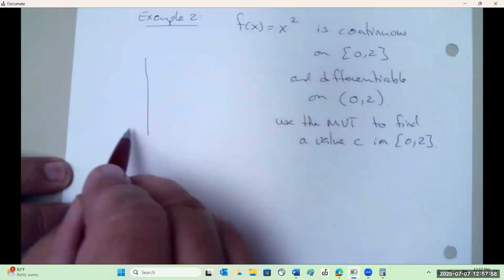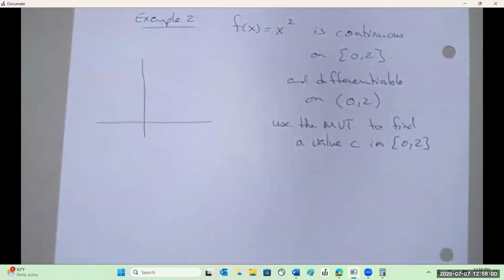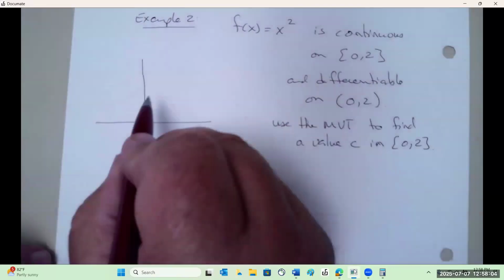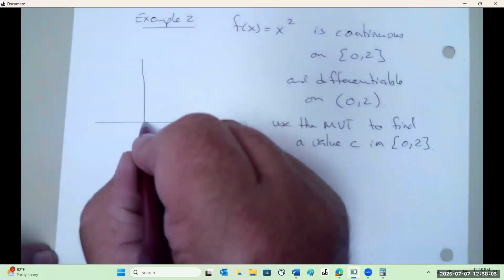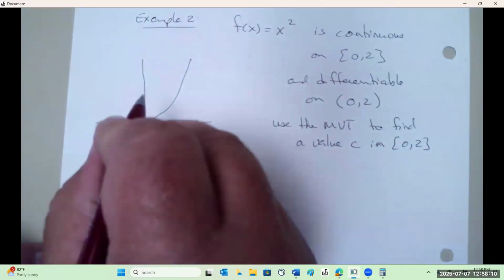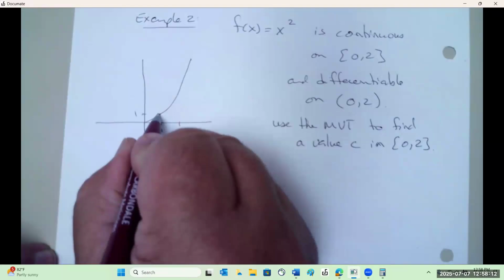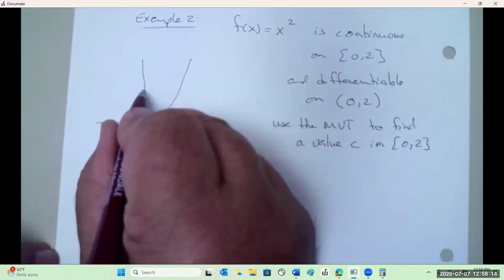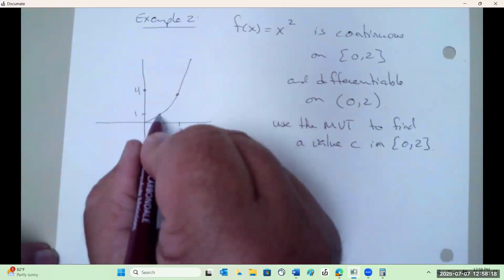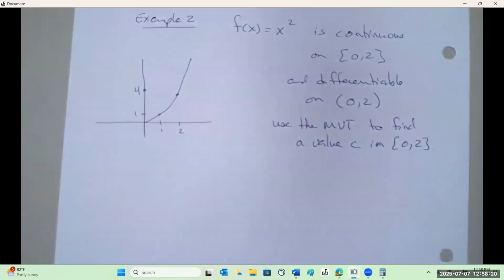So what's the graph going to look like of our function? We're only looking at 0 to 2 of x squared, so we only want this half of our curve. That's all we're going to want.